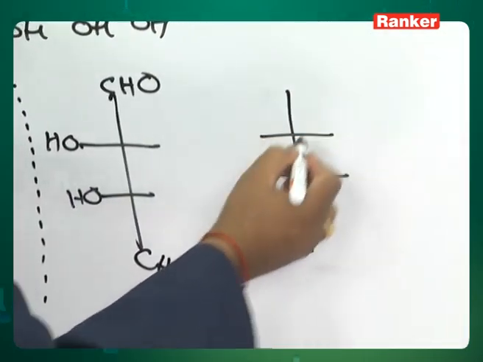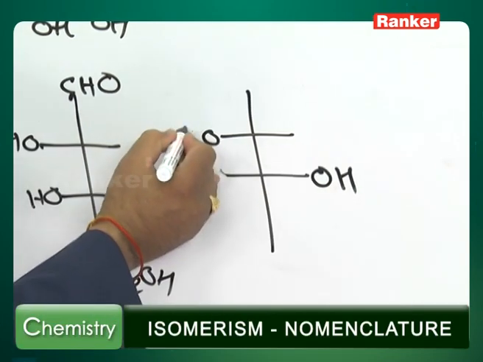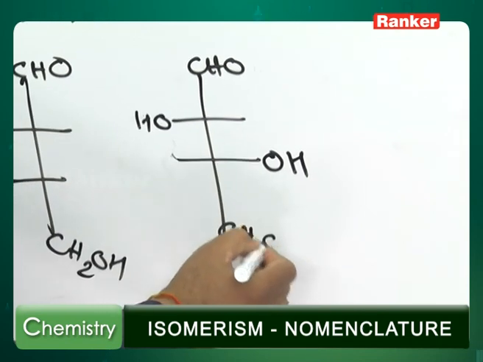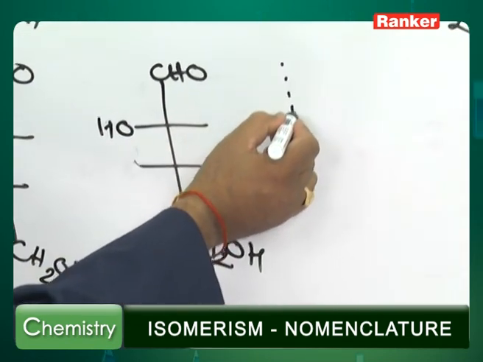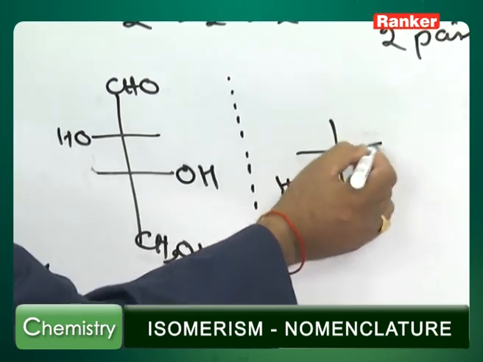Now as a default let us keep the first OH on the right, but the other opposite. So this is called D-threose. Its mirror image will be L-threose. OH will be on this side, OH will be on that side.